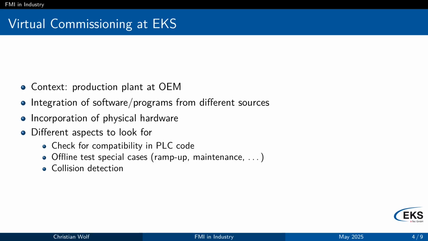And then there is the collision detection, which is also a specialty of EKS, where we want to check if there is a chance that due to errors in some programs of, for example, robots, some undetected errors might at some point in the future cause a collision.